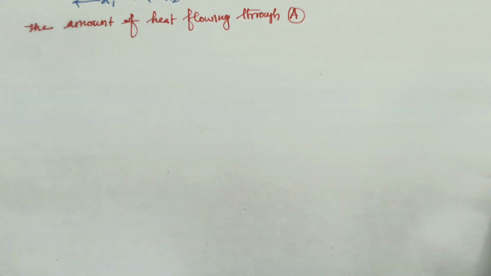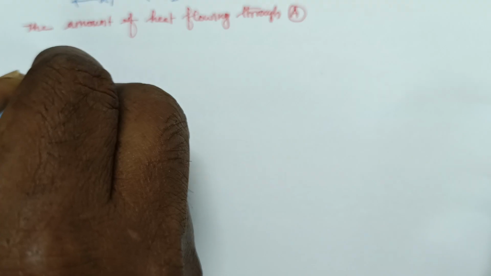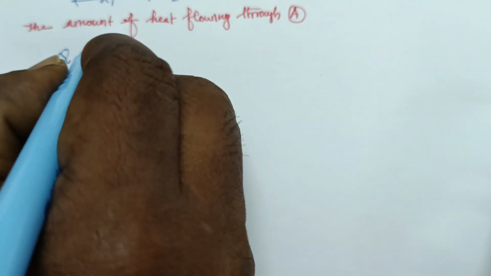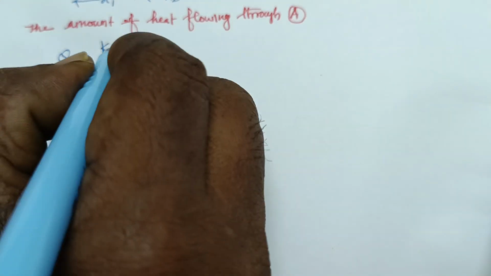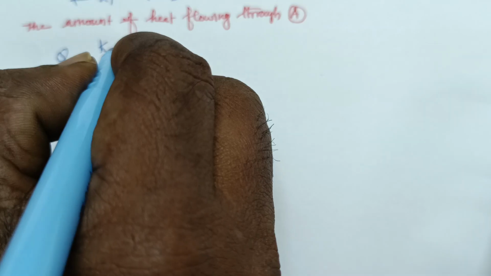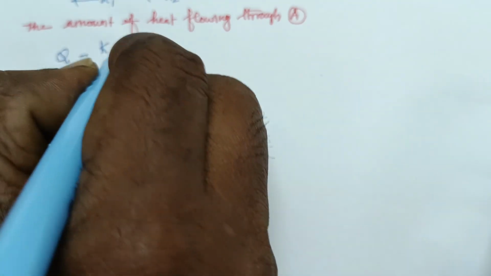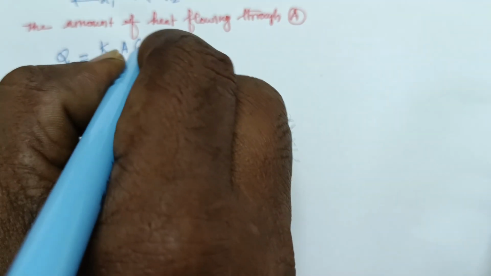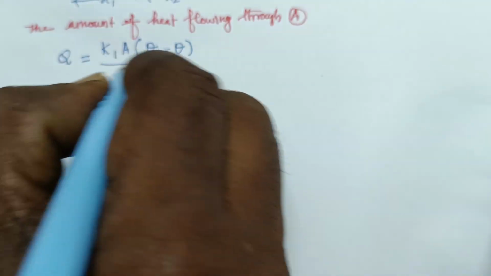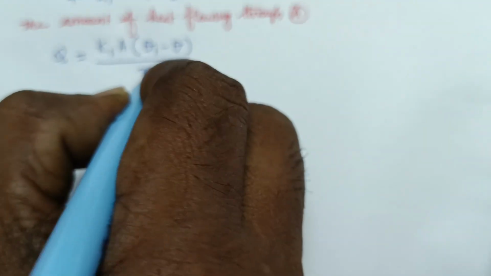We already know that the flow of heat Q is equal to K A theta divided by distance. Here, Q is equal to K1 A into theta 1 minus theta, divided by x1. This is equation number 1.